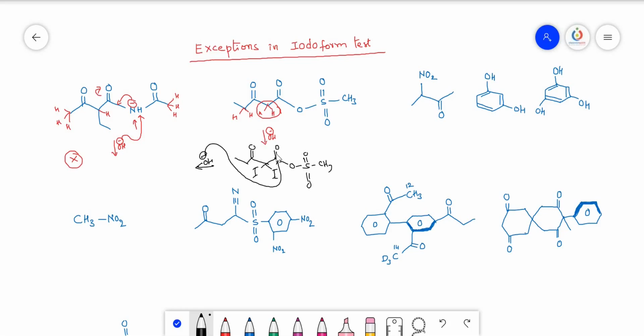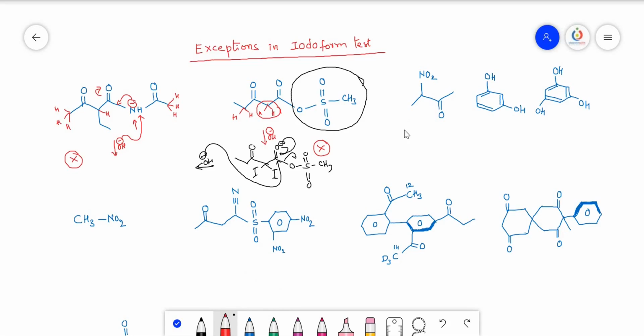Reason is this carbonyl carbon is more electropositive than this one, because it is connected to the electron withdrawing group. So it attacks over here, producing the negative charge. That negative charge will come back and remove this particular one. So here we don't get any CX3 type of the part, because this triplet is a better leaving group, so that this particular molecule is also unable to give the positive iodoform test.